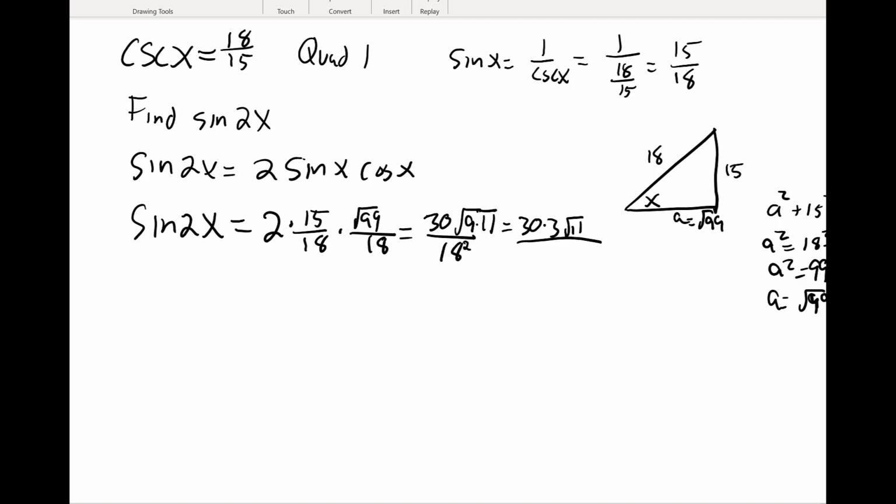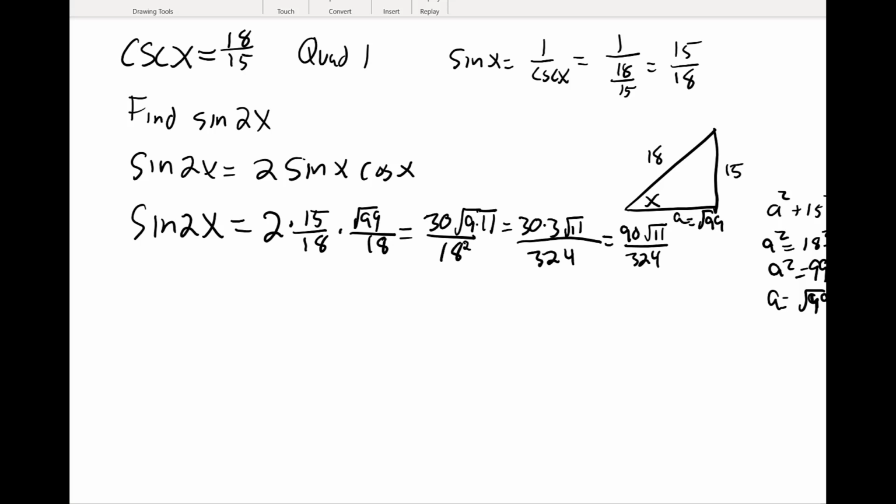Starting to panic there. I'm like, how could a sine be more than 1? And 18 squared is what, 324? Yep. So that will have a 90. So 90 times the square root of 11 over 324. And I can factor out of 90 an 18.